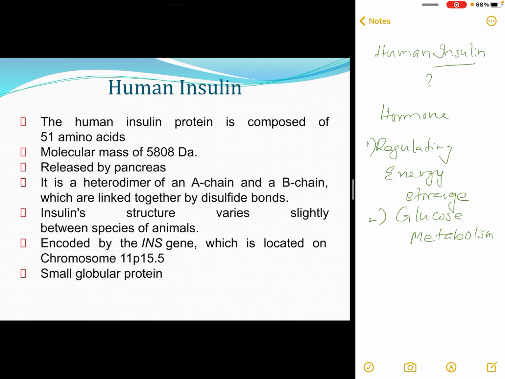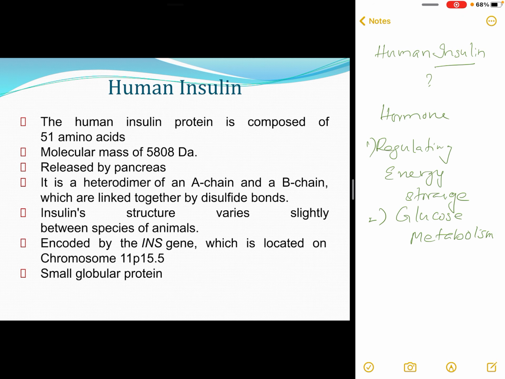Human insulin acts on liver, muscle and other fat tissues, stimulating the cells to take up glucose from blood and store it as glycogen in liver and muscle. That is why we say it is essential for regulating energy storage.